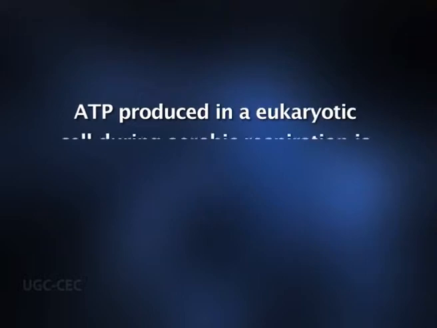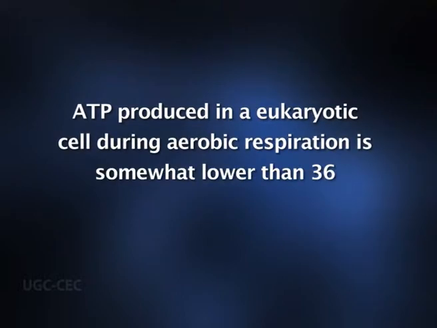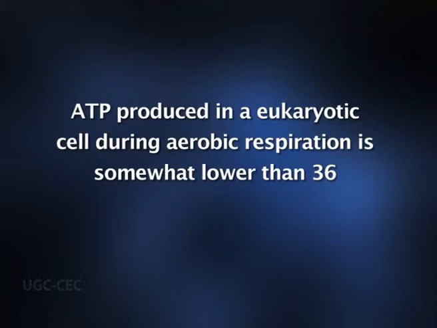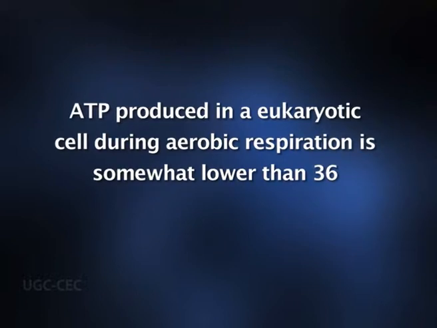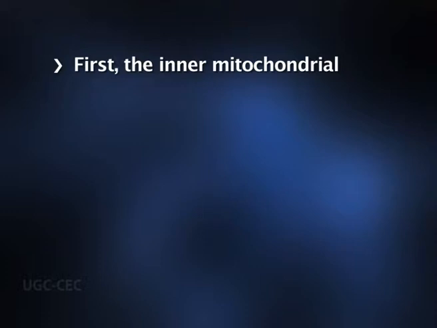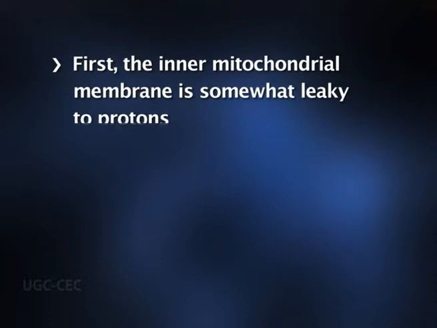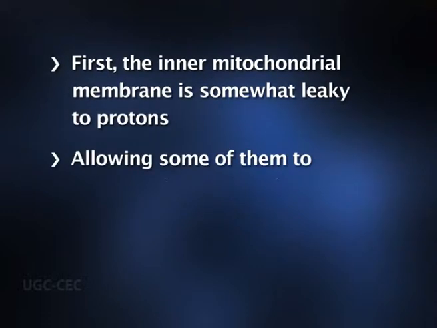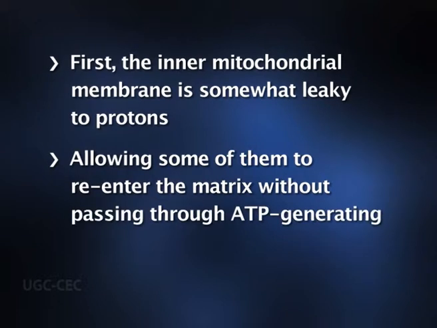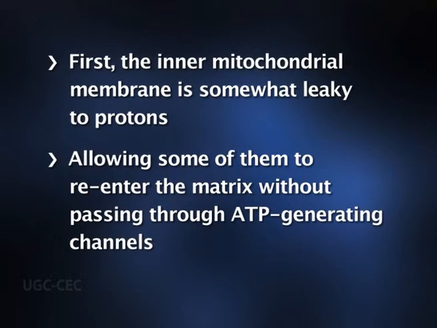But the amount of ATP produced in a eukaryotic cell during aerobic respiration is somewhat lower than 36 for 2 reasons. First, the inner mitochondrial membrane is somewhat leaky to protons, allowing some of them to re-enter the matrix without passing through ATP generating channels.